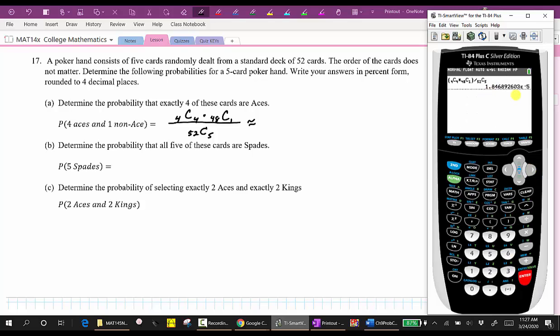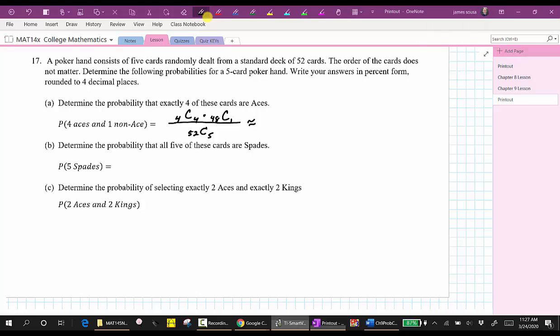Now notice here we're getting scientific notation. This e negative 5 means times 10 to the power of negative 5. To convert to a decimal, we have to move the decimal point 5 places to the left, which would be 0.000018 rounded to 6 decimal places. But let's first write this as 1.8 times 10 to the power of negative 5. And for review, to convert to decimal notation, we move the decimal 5 places to the left.